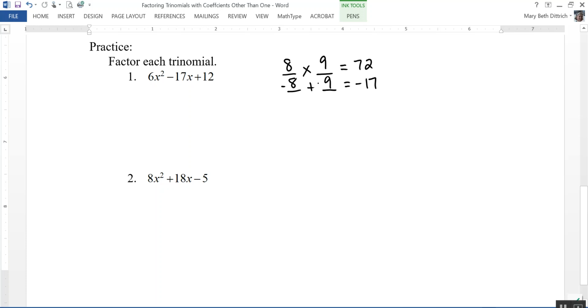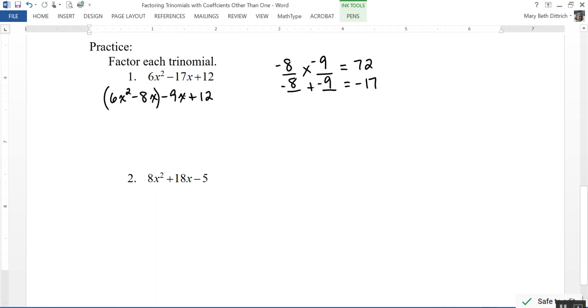So actually both of those are going to have to be negative. So I'm going to use those two numbers to rewrite my negative 17x in the middle. So I'll have 6x squared minus 8x minus 9x plus 12. And it doesn't matter if I put the negative 9x first and the negative 8x second. We're going to end up with the same thing.